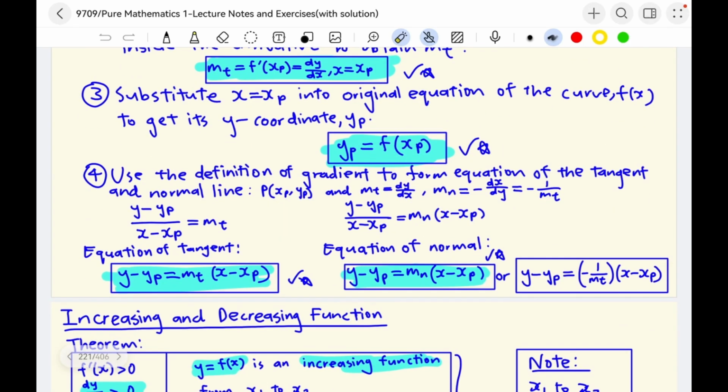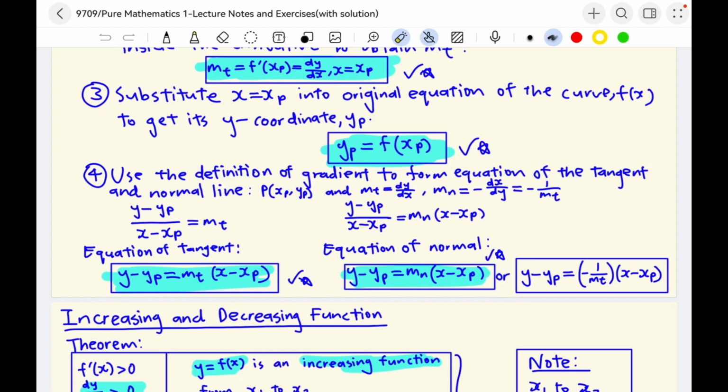This is the procedure of finding the tangent using gradient proportions: (y - yp) divided by (x - xp), change of y over change of x, is equal to mt that you have obtained as a real value, to get the equation of the tangent.